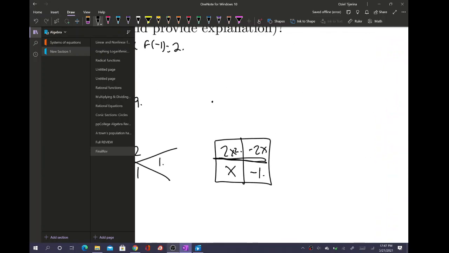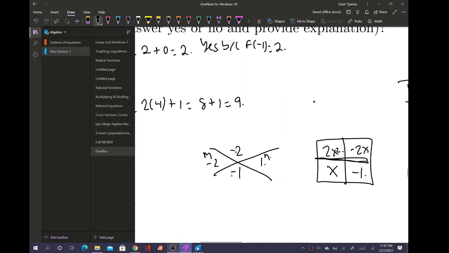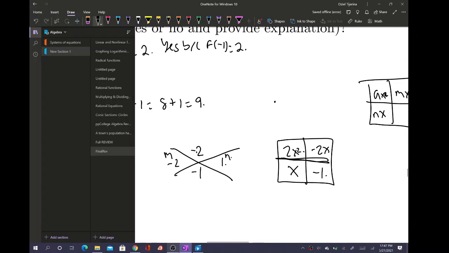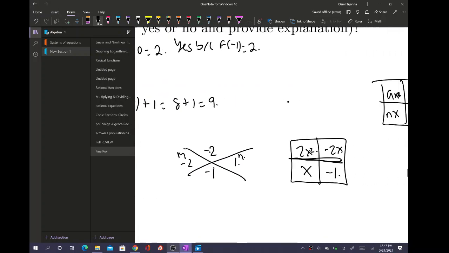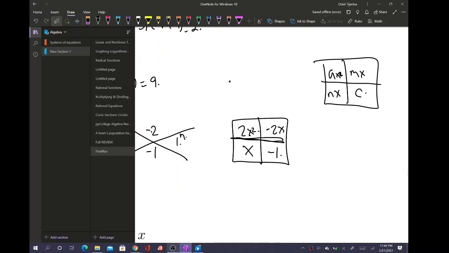If you guys don't remember how it is, basically you do your ax squared term here, and then this is m, this is n, so mx, nx, and then our c value, which is the third term, right? So we have 2x and x, 1 and x, and then negative 1 and 1.